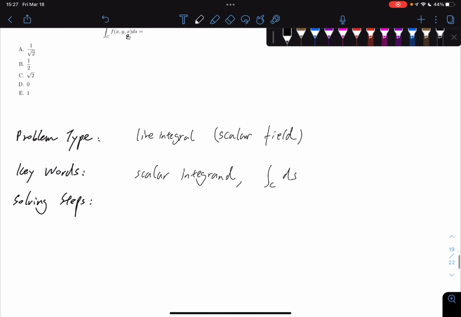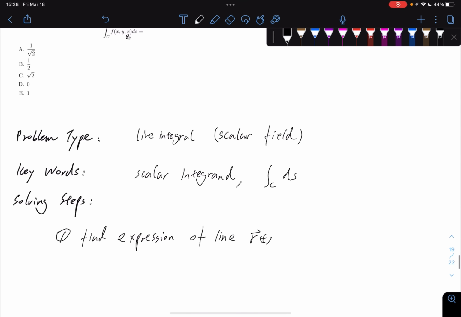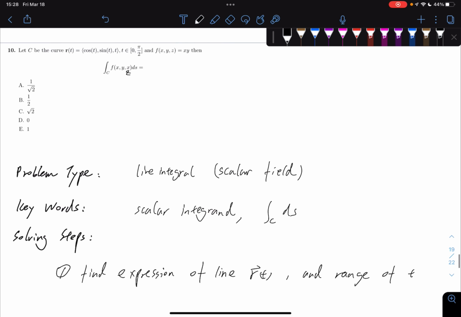The first thing we need to do in this question is find the expression of the line, r of t, and the range of t. Sometimes it's explicitly given. In this case, it is.